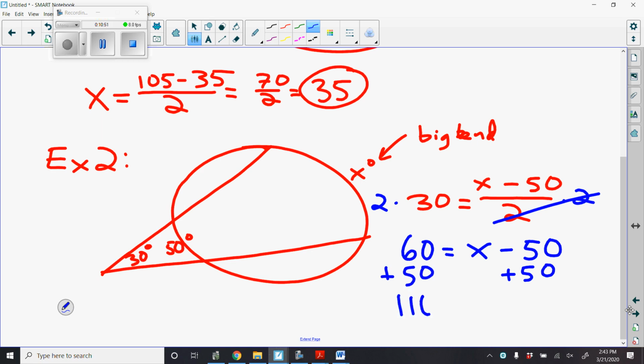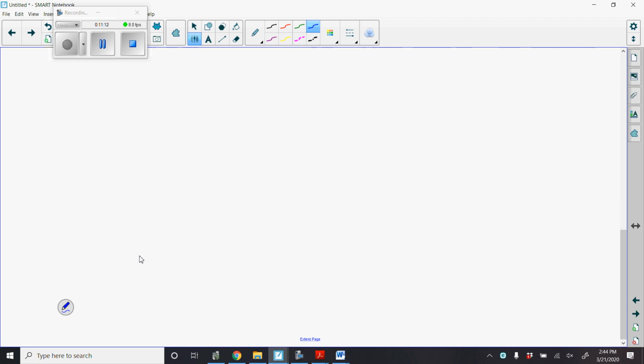And I get 110 equals x. And again, I can check this by saying, okay, 110 minus 50, that's 60. 60 divided by 2 is 30. Okay, let's look at one more example, and we'll be done.